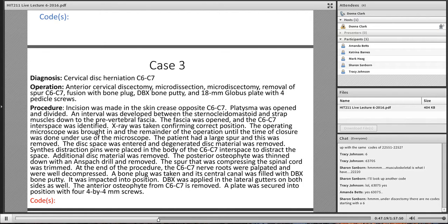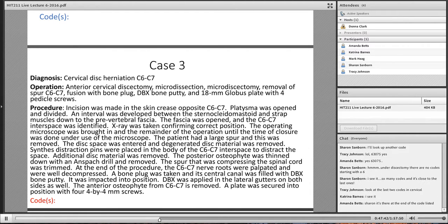Under this, if you went to discectomy, you would have gone to cervical. Did you not see anything on the cervical? There should be some there.